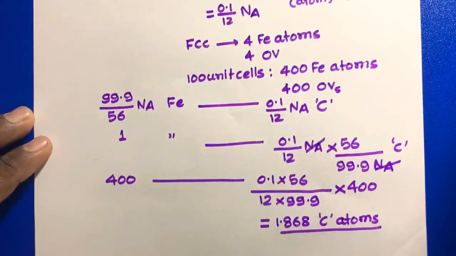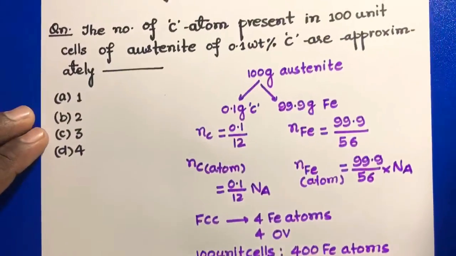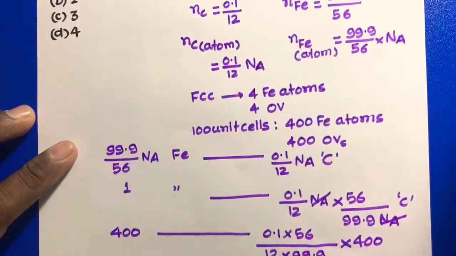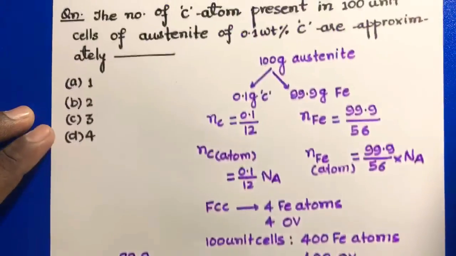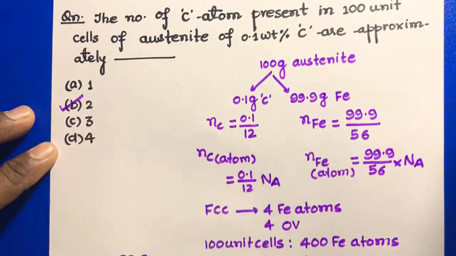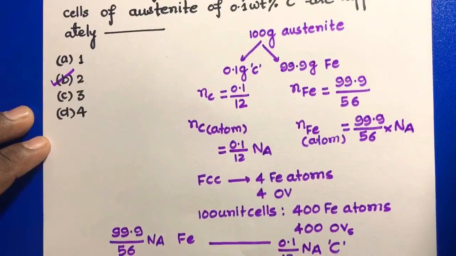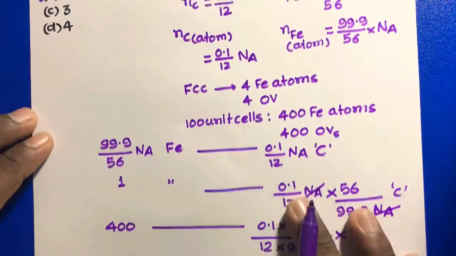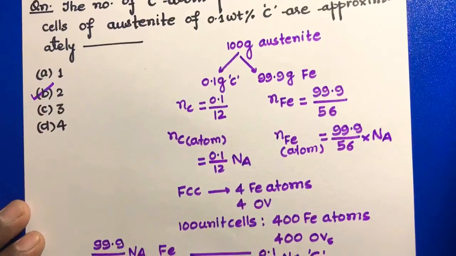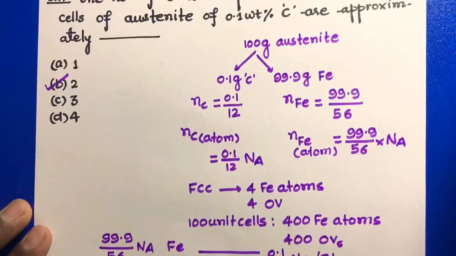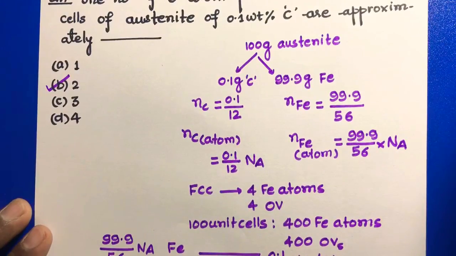So in the question it is given that the number of carbon atoms are approximately, so among the options 1.8 is near to 2, so the most appropriate answer for this question is 2. So in 100 unit cells there are only 2 carbon atoms present, that is the effective number of carbon atoms is 2.